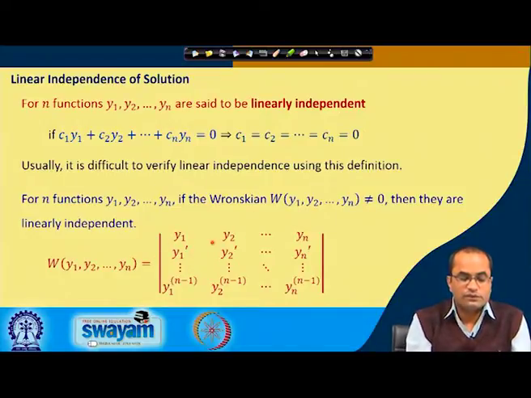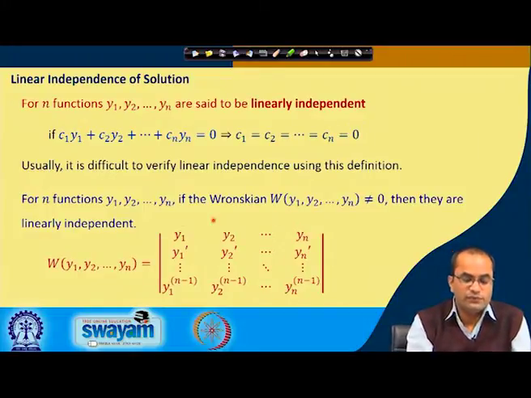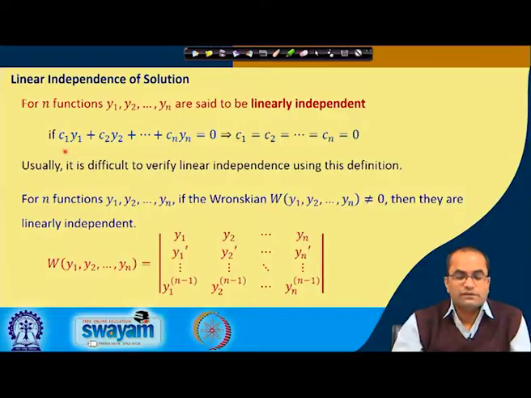The first row is y1, y2, y3, up to yn, the second row has their derivatives, the third row the second order derivatives, and the nth row has the n minus 1th order derivatives. When we compute this determinant and see that it is not equal to 0, then these functions are linearly independent. So, this is one way of checking linear independence when there are more than two functions.